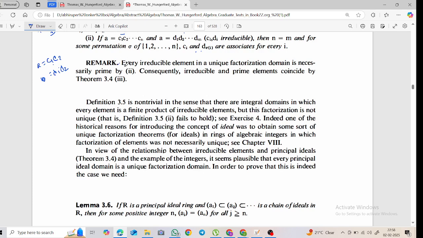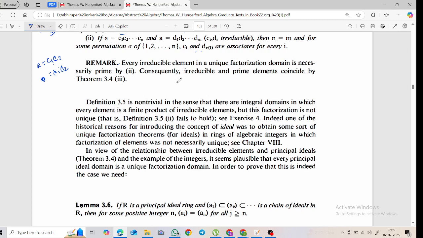Now, every irreducible element in a unique factorization domain, a UFD, becomes prime, right? Every irreducible element in any UFD is necessarily prime.